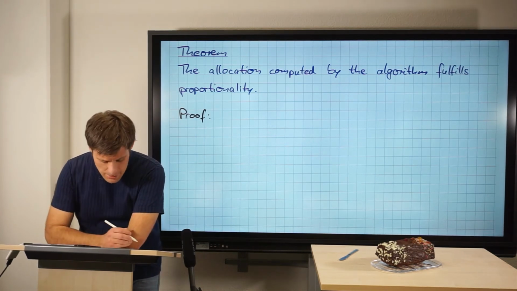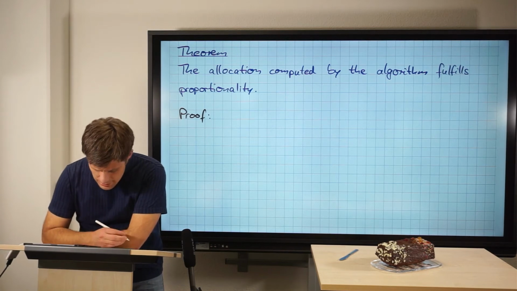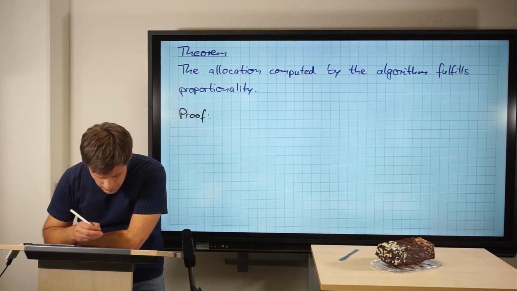So more precisely, we'll show the following invariant, and I think I stated this a little incorrectly before.